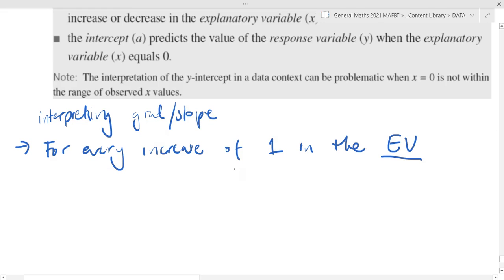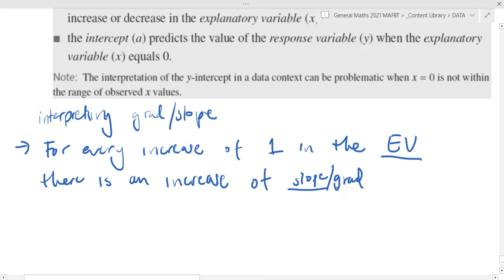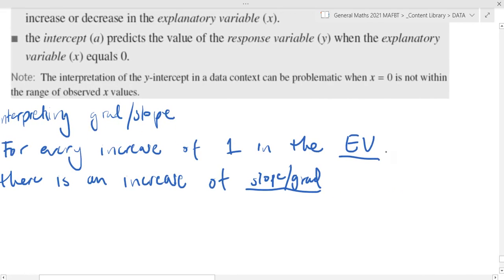For every increase of 1 in the EV, there is an increase of, and then whatever the slope is, whatever that value might be, in the RV.